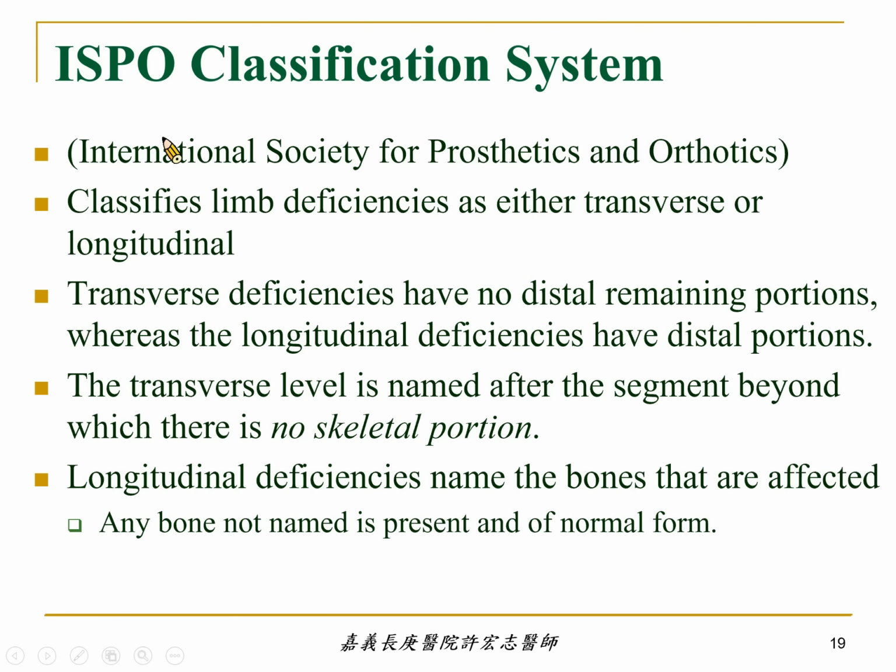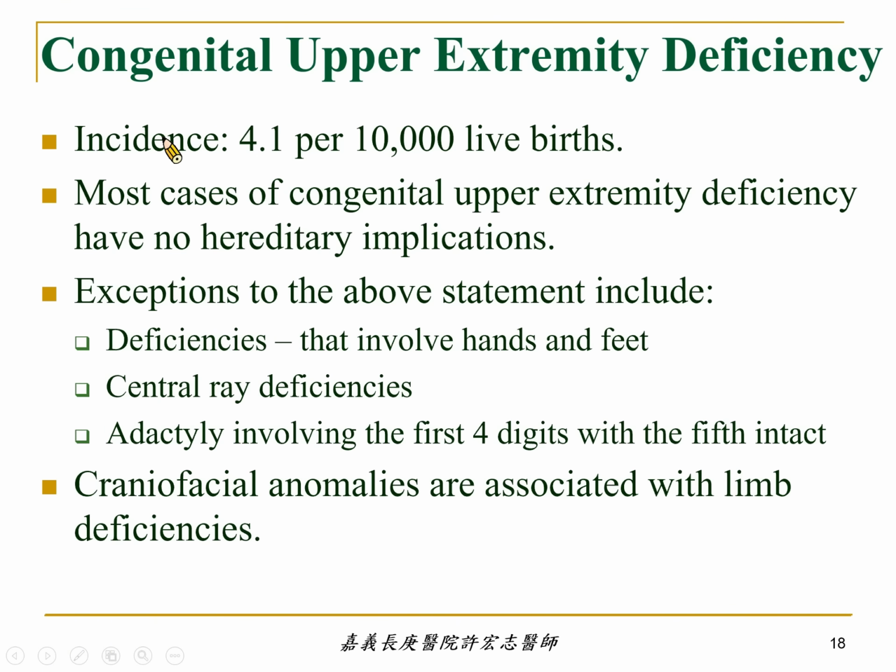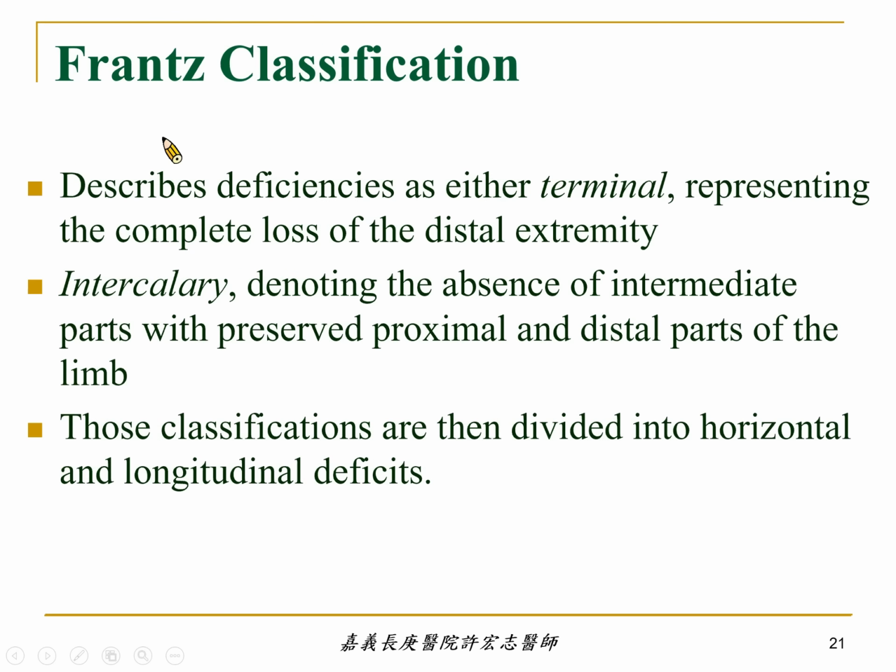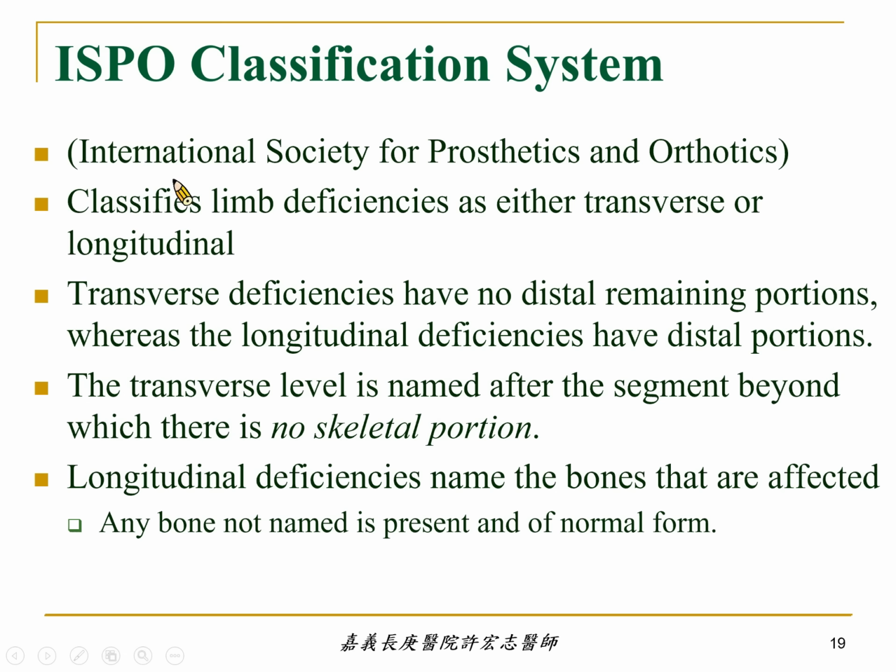So if you are communicating with other medical professionals, it is suggested that you use the ISPO classification system. But if you are reading old textbooks or medical records, you will see the classic and French classification systems. Okay, right now we will introduce these 3 classification systems to you.